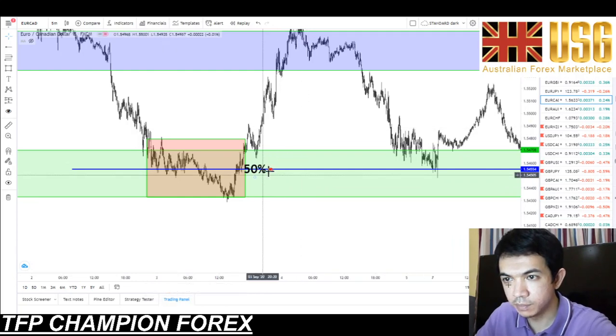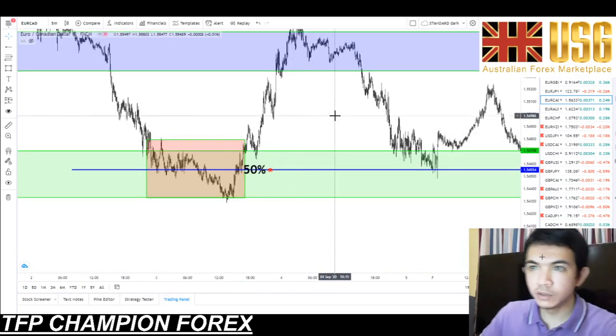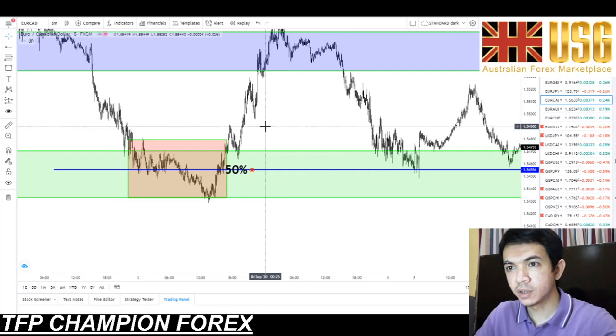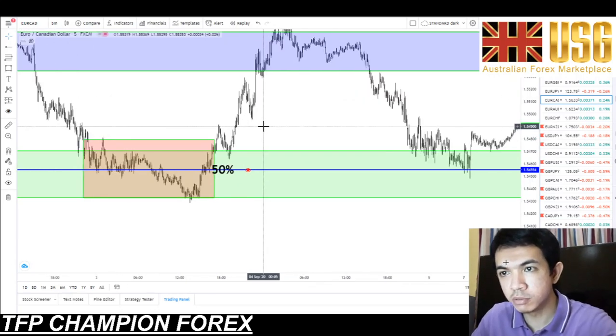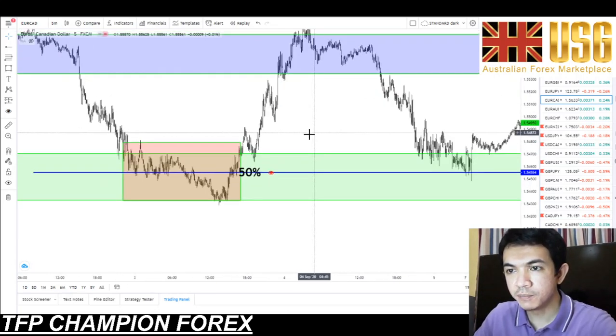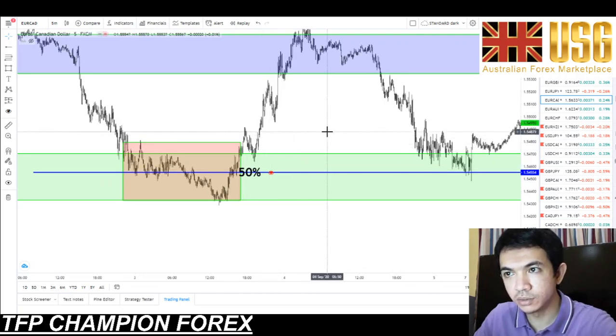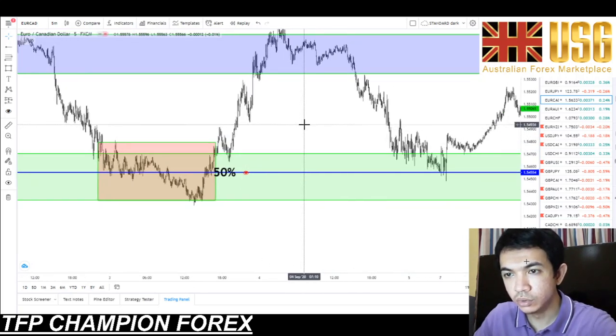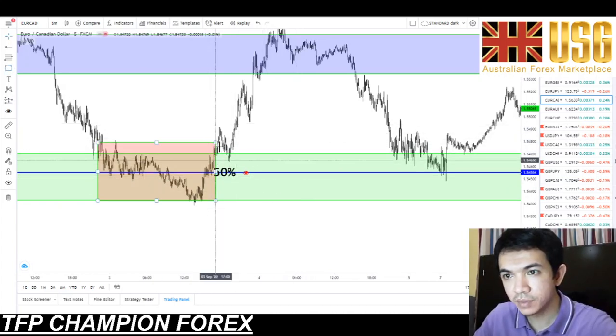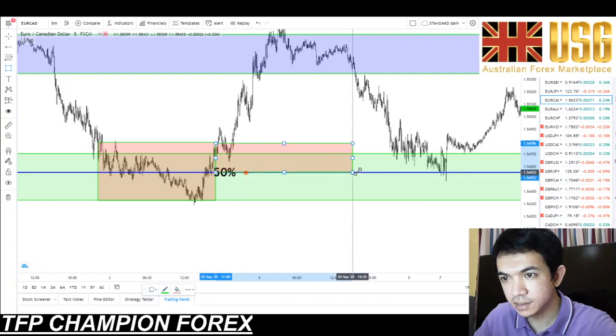Alright, I keep an eye on this 50% and look for candlestick confirmations for a buy opportunity. So basically, I have to wait for the market to react to this 50%, or at least within this range.